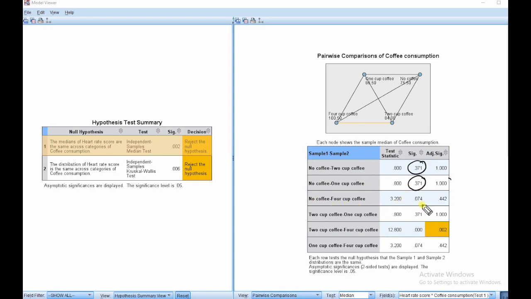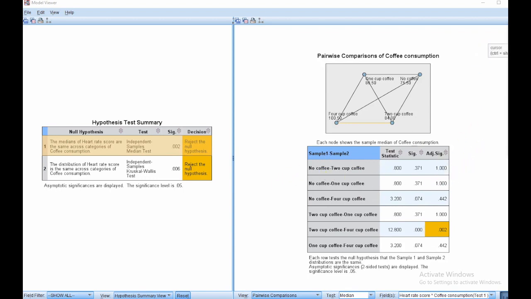No cup coffee with 2 cup coffee, again greater than 0.05. No cup coffee with 4 cup coffee is significant, and 1 cup coffee with 4 cup coffee is 0.074.